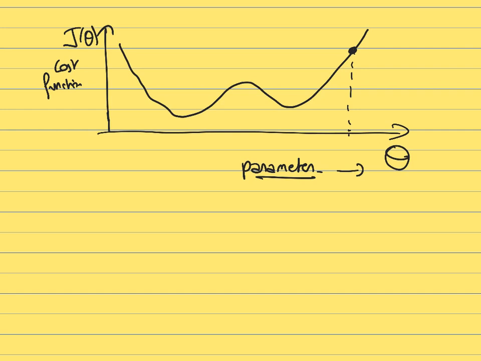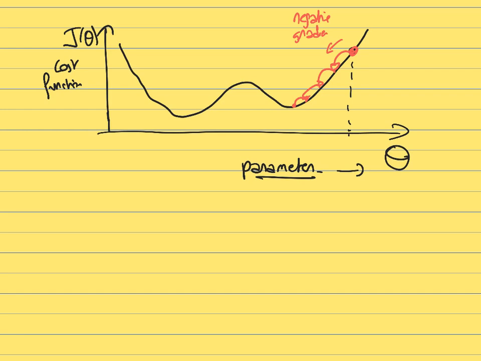So in this case, the gradient tells you that you need to decrease theta. You always need to go towards the negative gradient. So if you look at the gradient here, you find that the cost function is increasing if you are increasing theta, which means that you need to decrease theta in order to go downhill to minimize the cost function. So you will do it like this. You will repeat this several times, and so you will end up here.